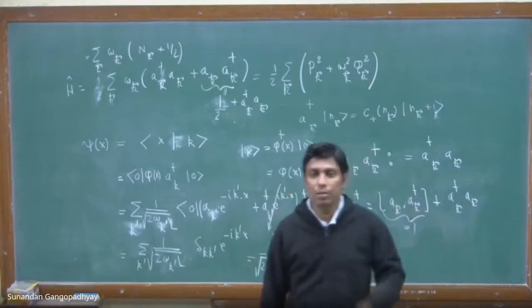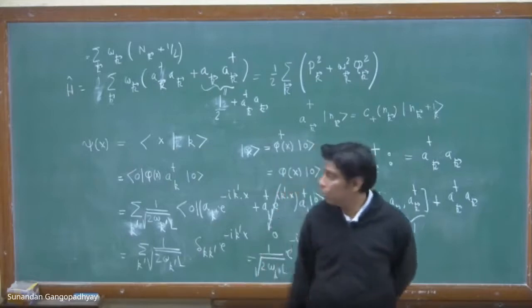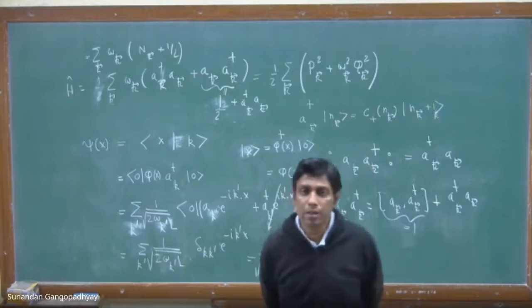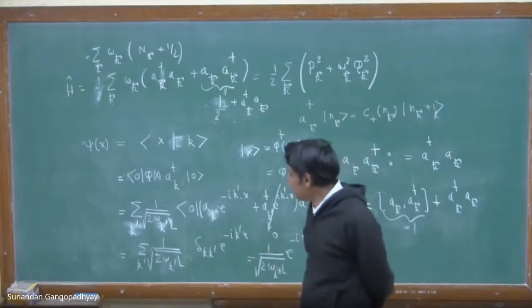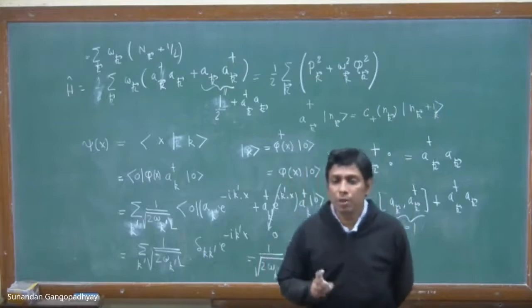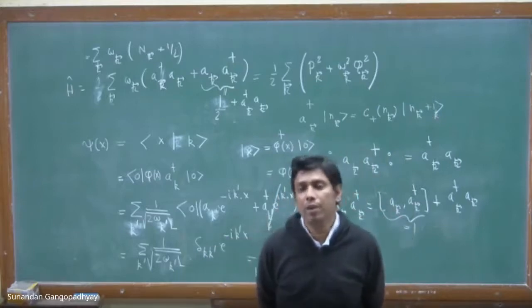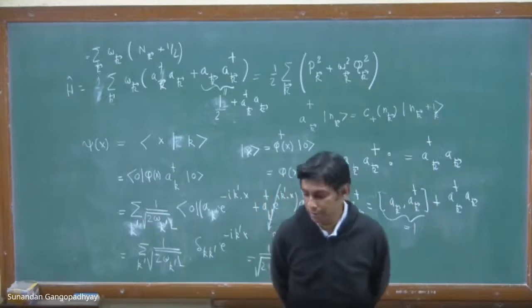We shall start the complex scalar field and canonically quantize the theory and see what happens. You already have a flavor of this, so it will not take much time for us to quantize the complex scalar field. And Monday there is an announcement. Please be here at 10:45. We shall start the class from 10:45.